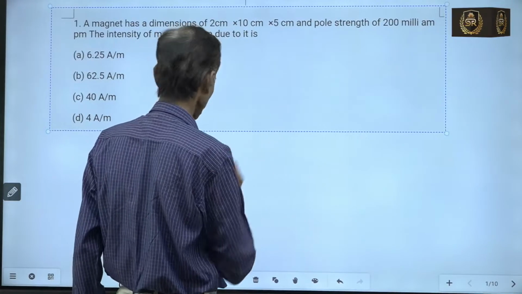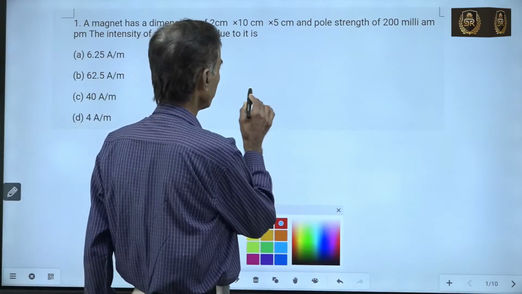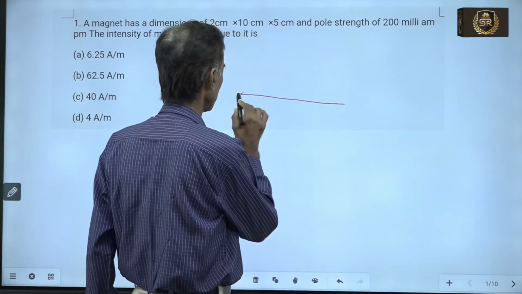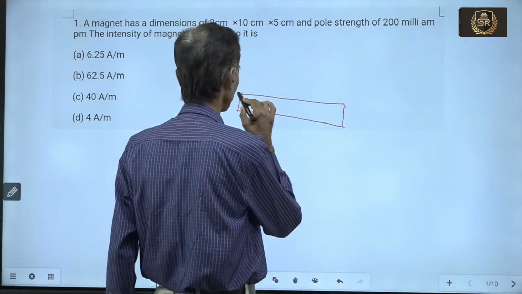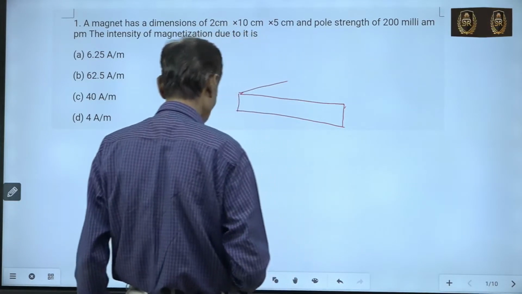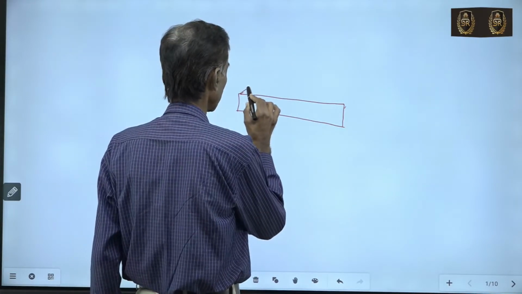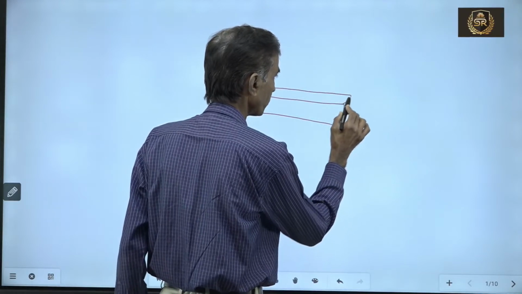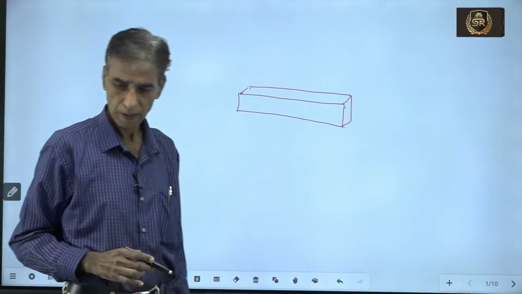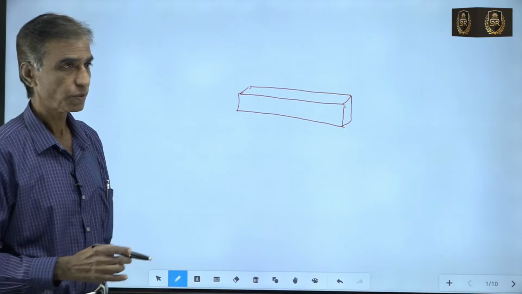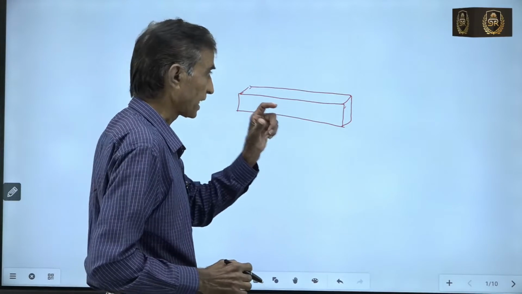How are we going to mention the dimensions here? See the dimensions of the magnet. The magnet is like a rectangle, just like one small slab of wood.